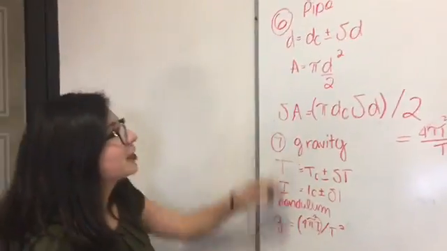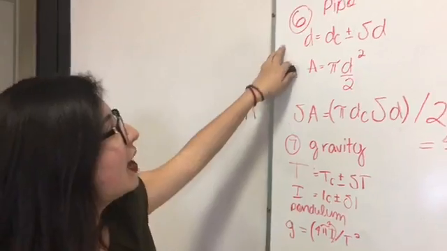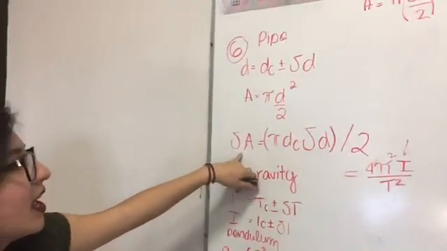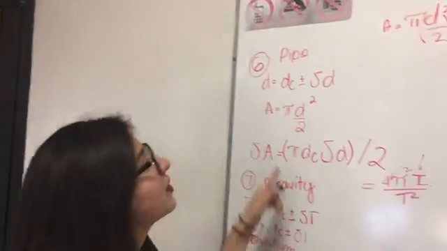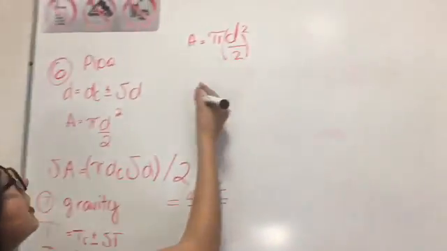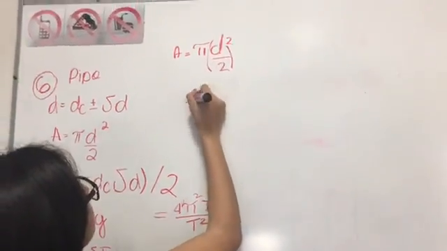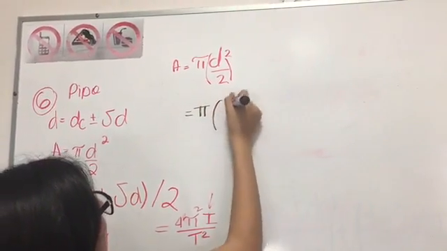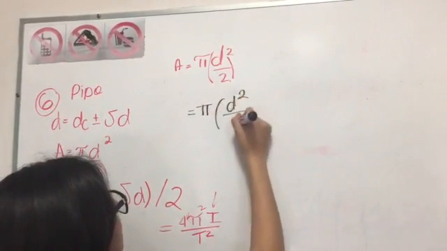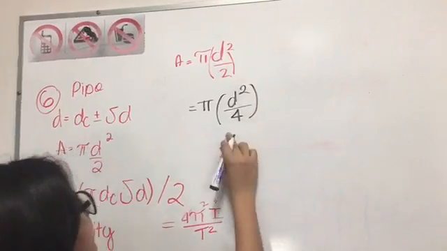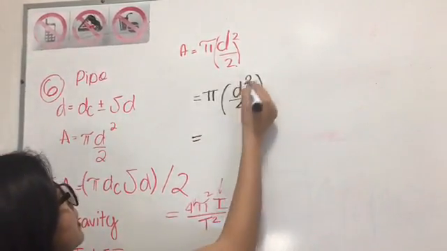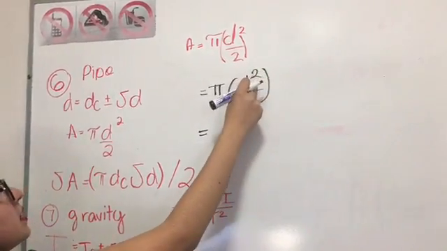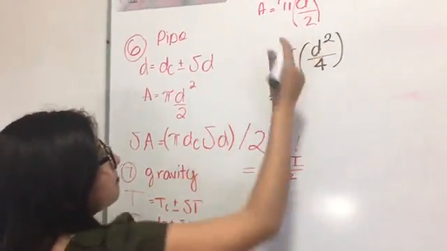So for question number 6, we have to find the derivative of the area of the pipe. So here we have the formula of the area. What we do is first we square this, and then we find the derivative with respect to d.